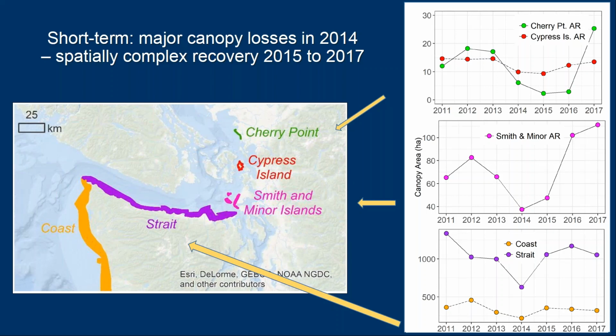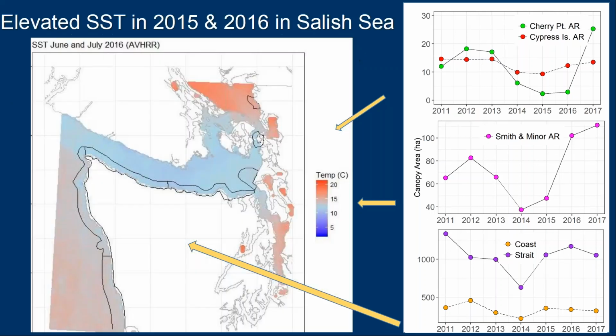Next slide, please, which is a link to the California story. If you look at this AVHRR data that we summarized for June and July 2016, you can see how strong the temperature gradients are within the Salish Sea. The strait's really well mixed, the area that recovered really quickly.